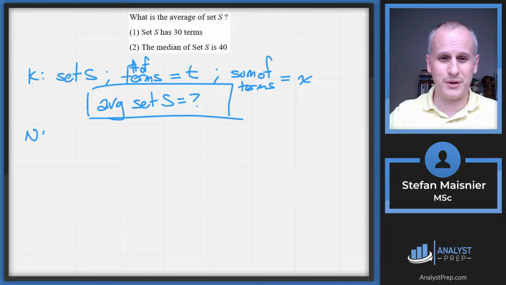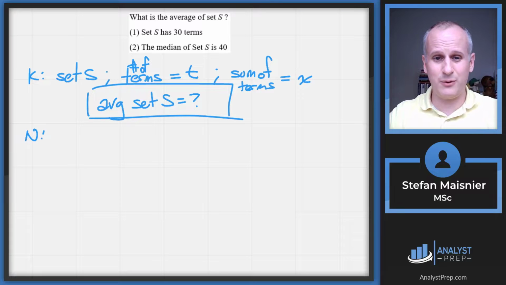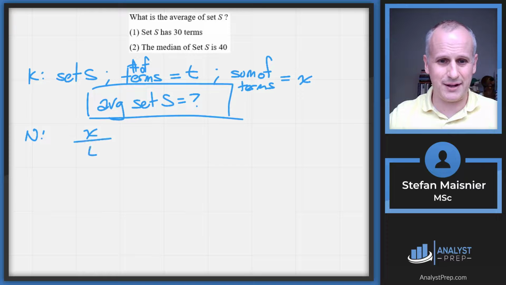And we know that what we need in this case is going to be a way to solve for the sum of the terms X divided by the number of terms T.